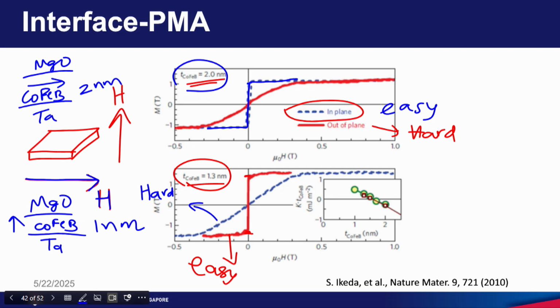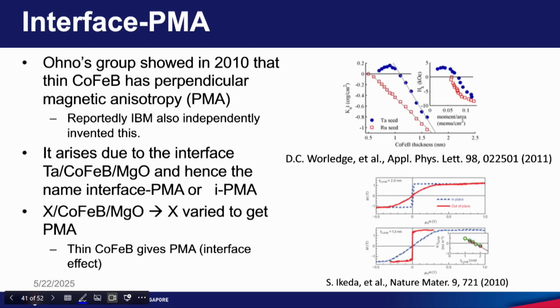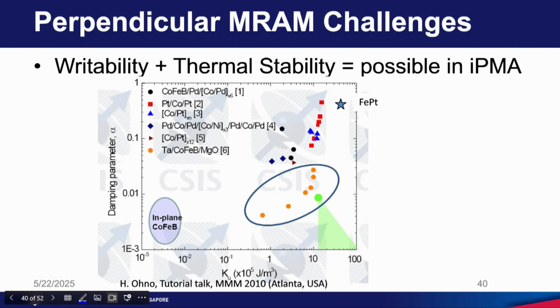The beauty of this material is that its damping constant is very similar to the cobalt and boron which we use for in plane application. So damping constant wise, no big difference.